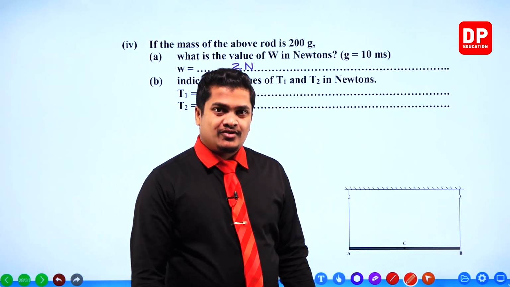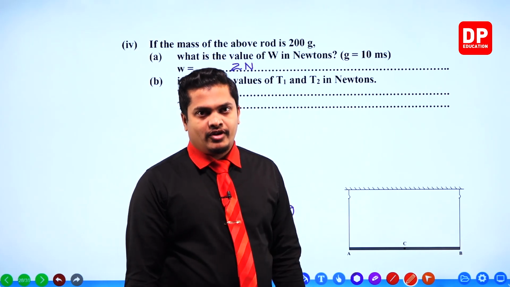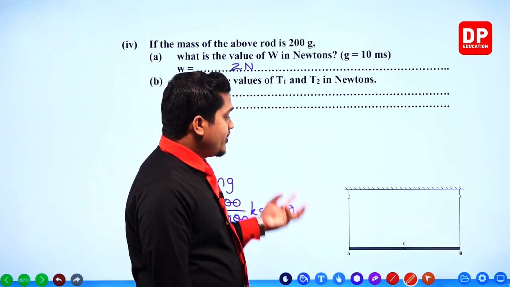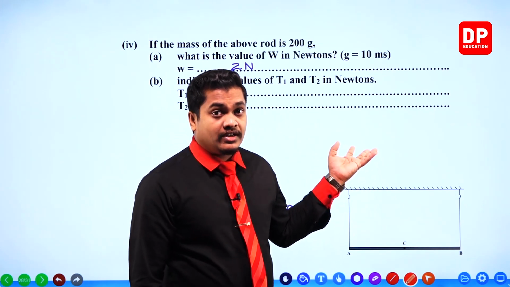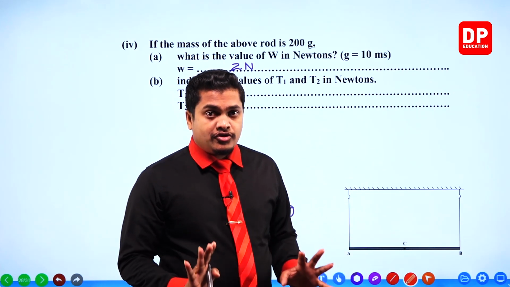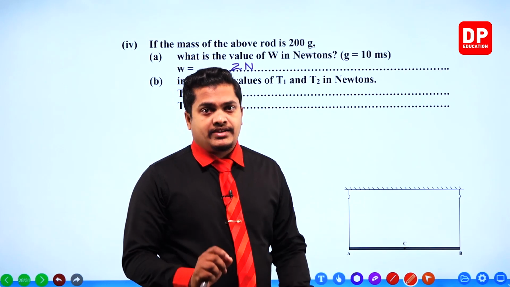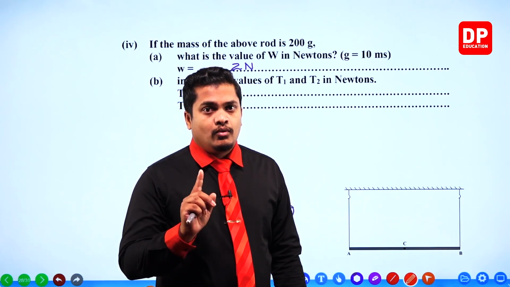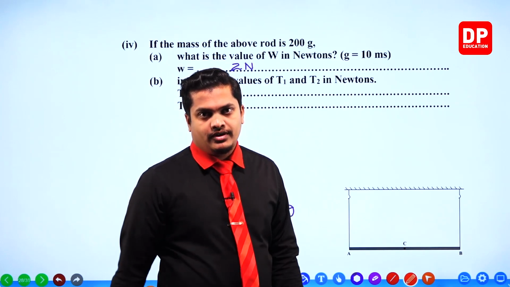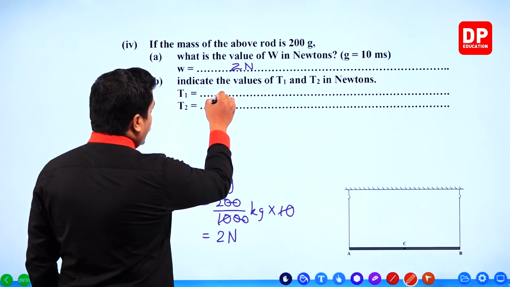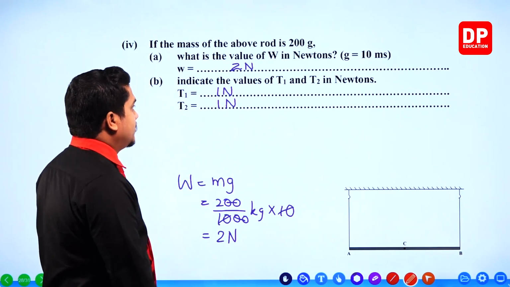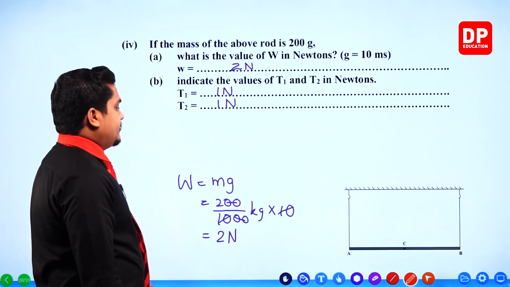If it is in the equilibrium state, the tensions should be able to bear the weight of 2 newtons. So, when you take one tension, it should be equal to 1 newton each. Here 1 newton, here also 1 newton. Right then.